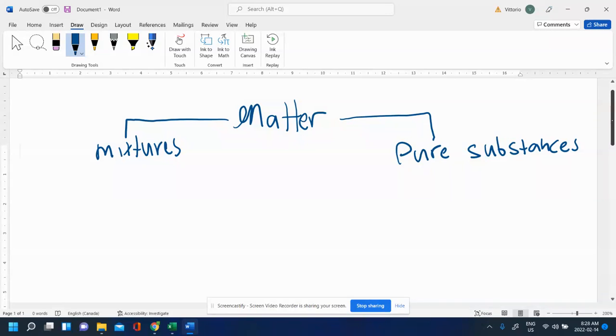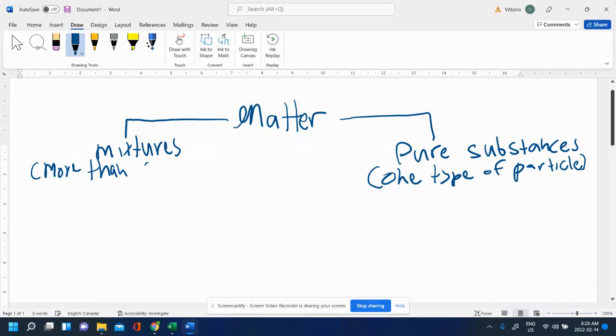A pure substance is when you're dealing with one type of particle. And then in a mixture, you have more than one type of particle.